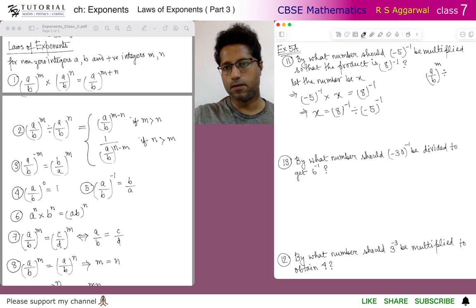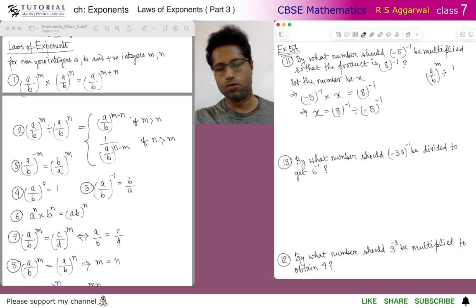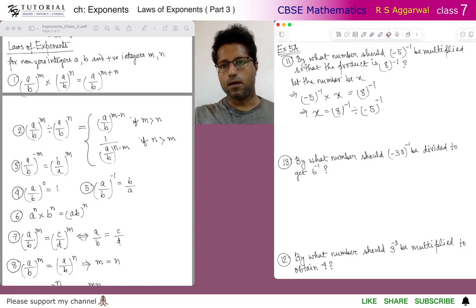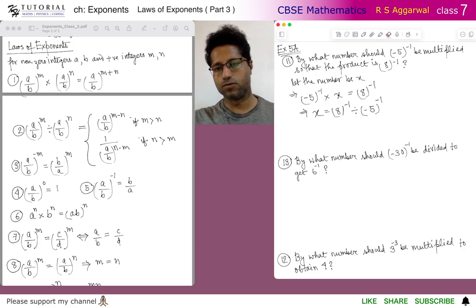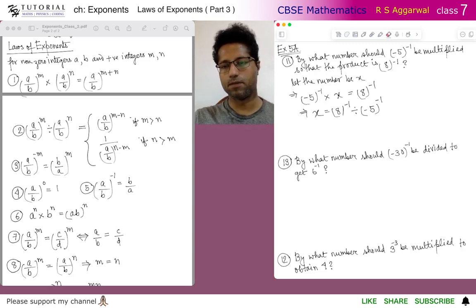Okay, so this law will not be applicable here because we can see the bases are different. The bases are 8 and minus 5, so they are different, but the powers are the same.